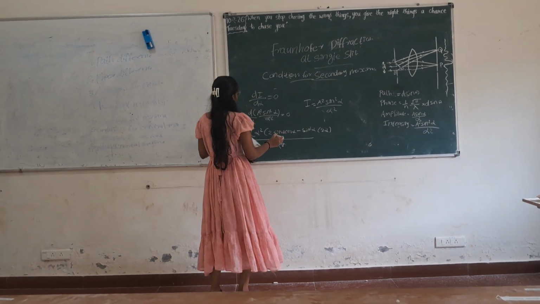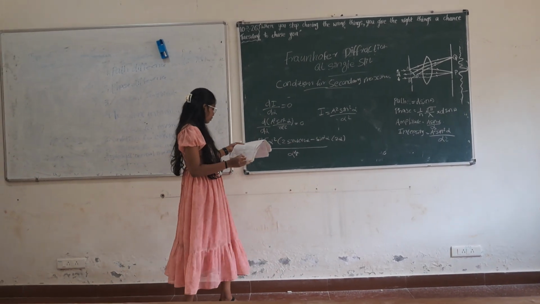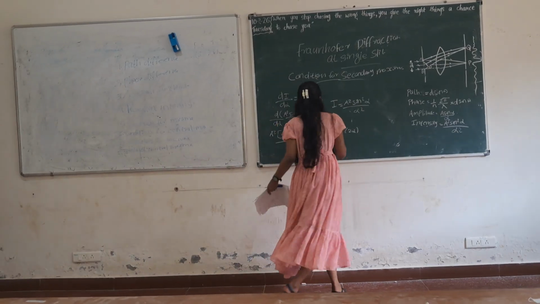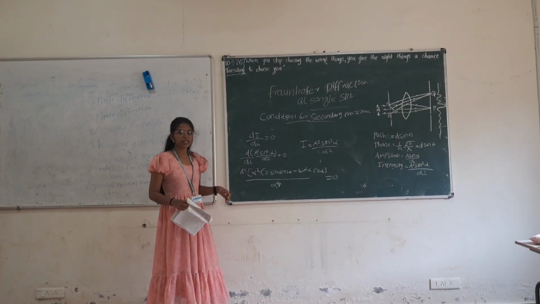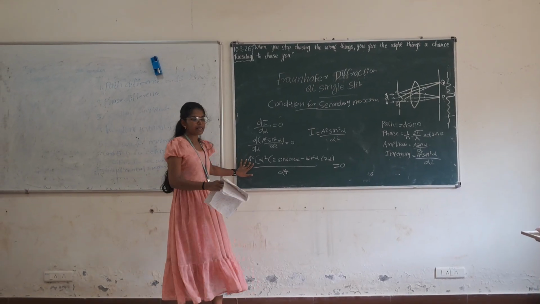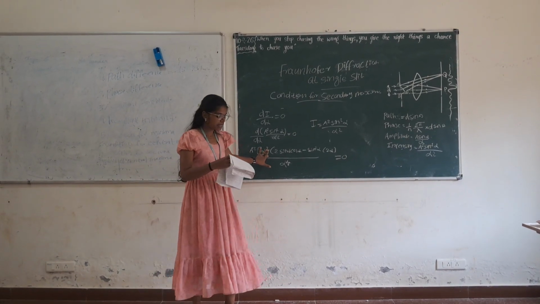As we want this to become 0, here A can't be 0 and alpha square can't be 0.